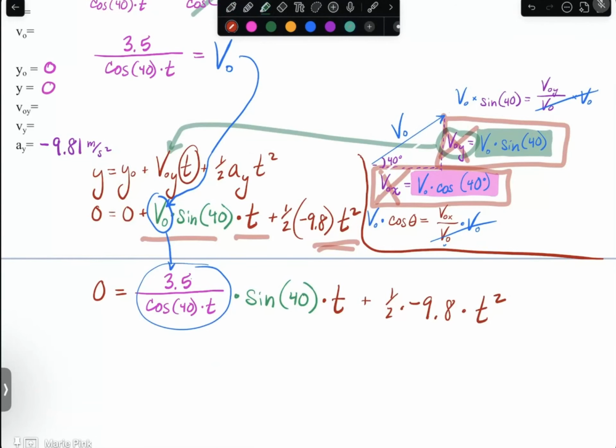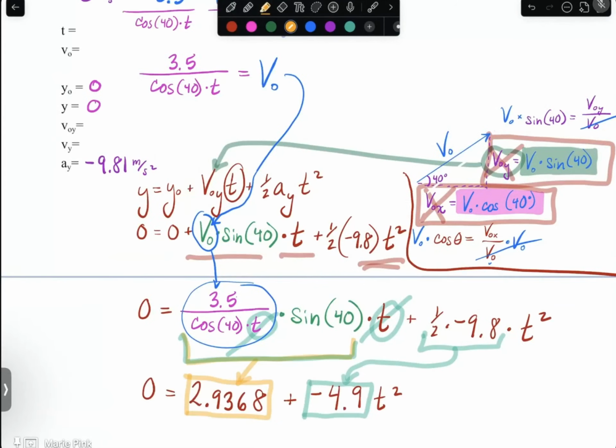One thing I want to point out is this time is on the bottom, this time is on the top, so these are going to cancel each other out. Then I'm going to multiply the 3.5 times sine of 40 divided by cosine of 40, and I'm going to get a number. Then I'm going to do 1/2 times negative 9.8, and I'm going to get another number here. So I get one number for all of this and another number for that.